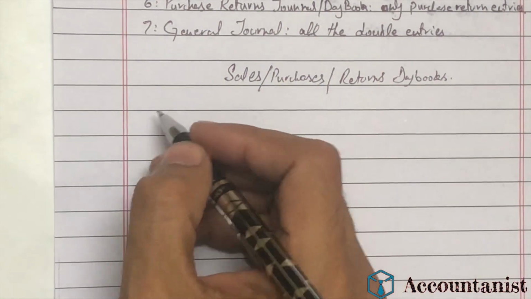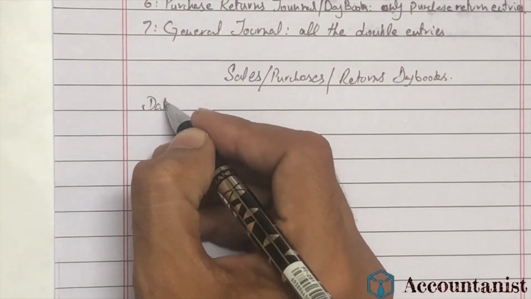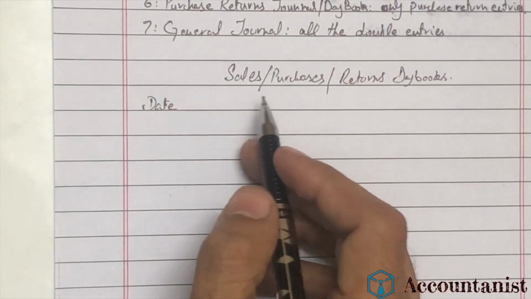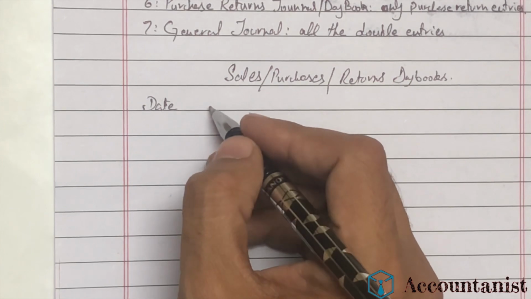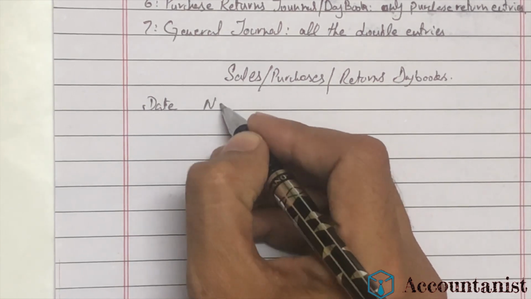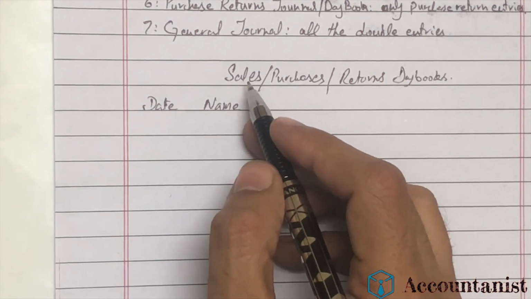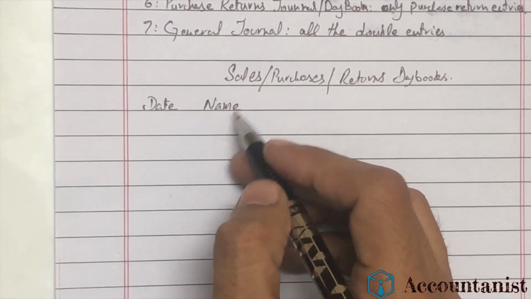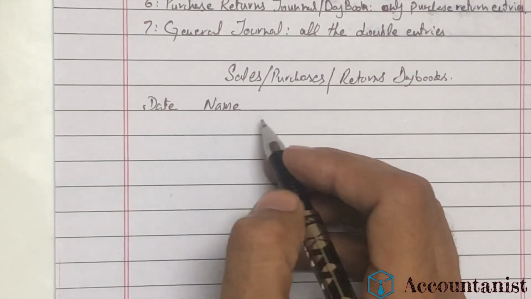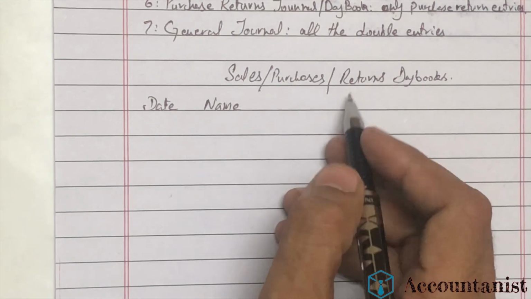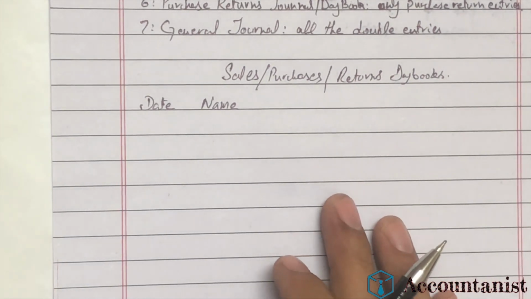We have date or serial number here. They are single entry daybooks, so we are not going to make debit or credit. We can write down the name of the customer or supplier. If we are making the sales daybook, we'll write down the name of the customer. If we are making the purchases daybook, that will be our supplier name. The same concept applies to sales return and purchase return.